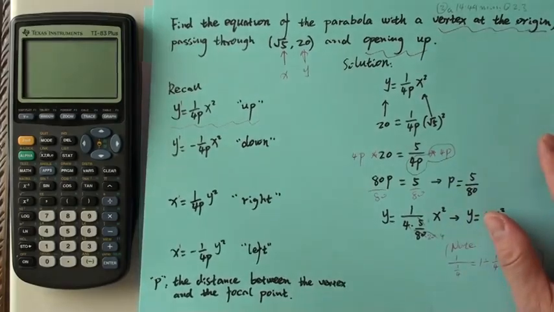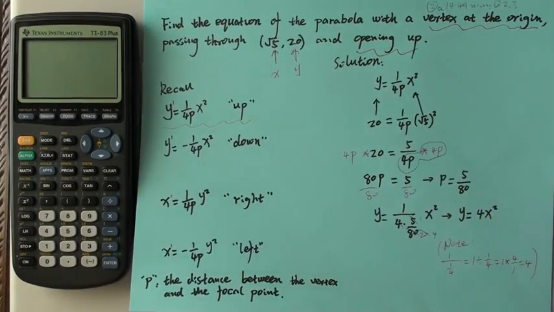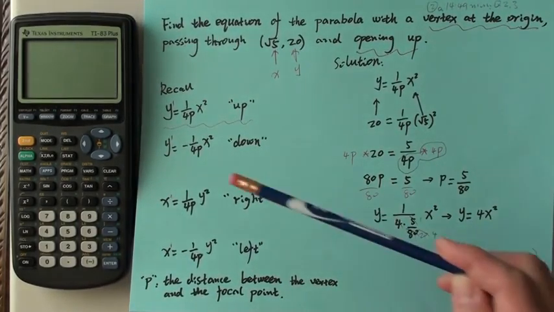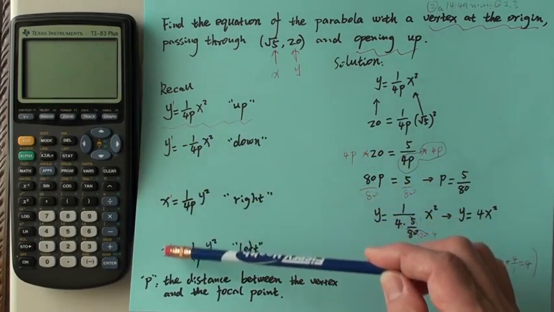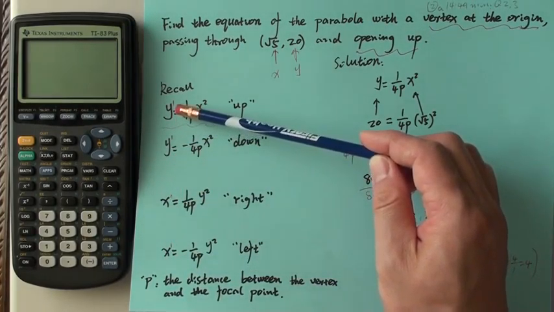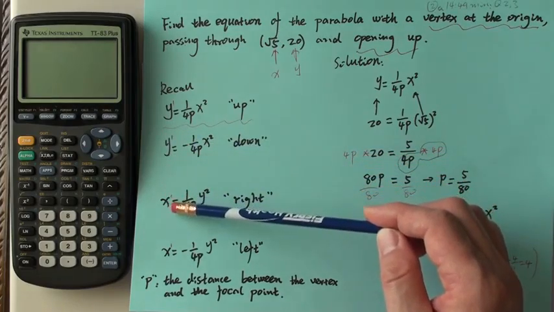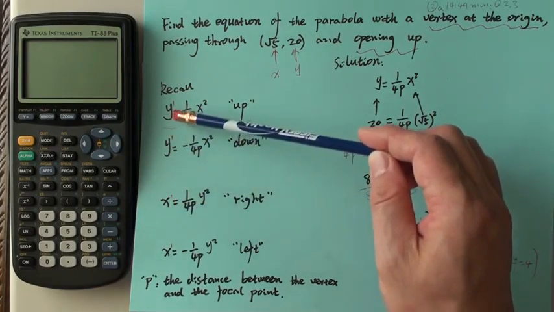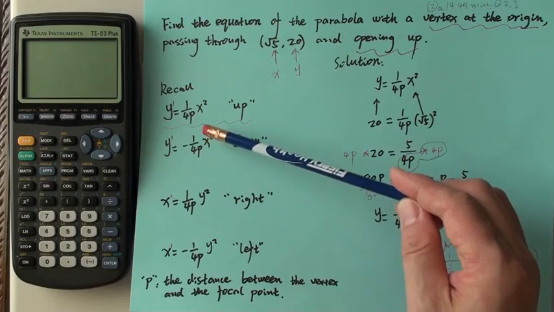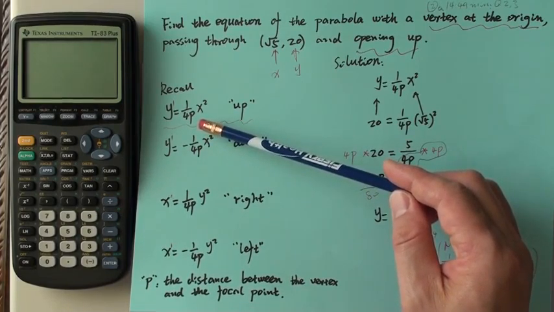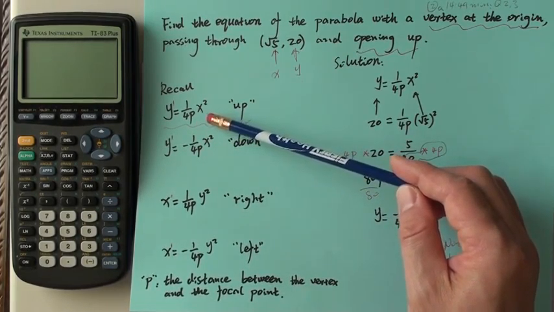remember you have three forms of the parabola. All the time, y with exponent 1 or x with exponent 1 stands alone, and the coefficient goes with a complete square.